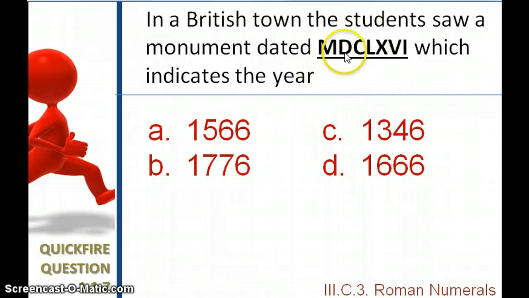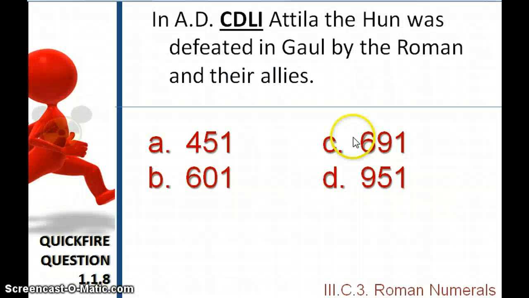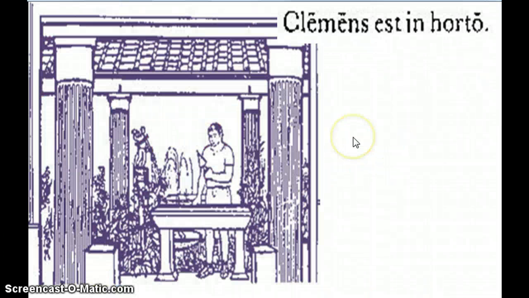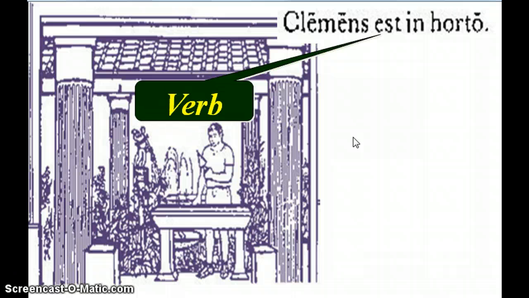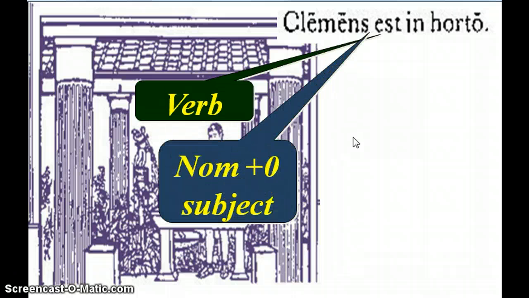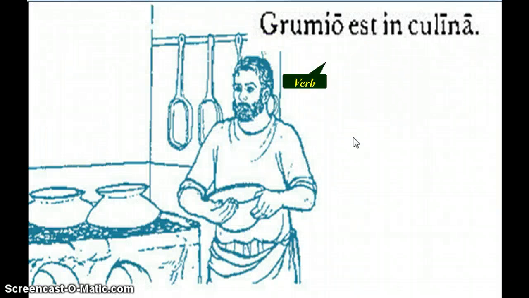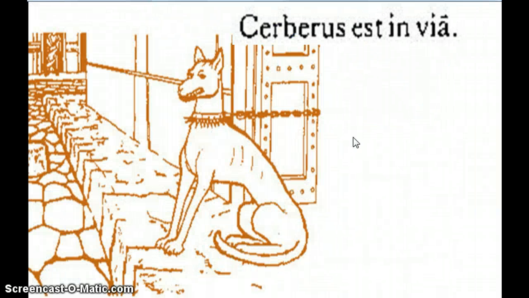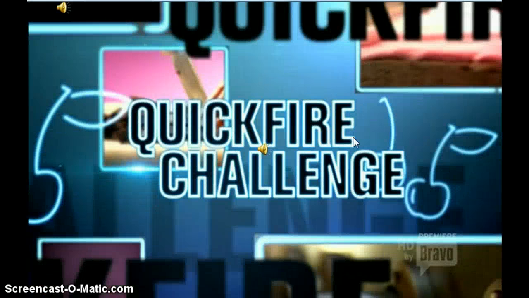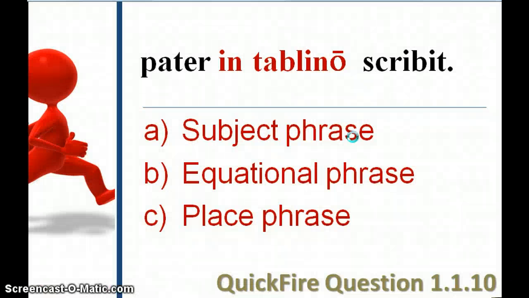So it's MDCLXVI: M 1000, D 500, C 100, L 50, V and X. 1665 plus 1, 1666. There it is. Roman numerals. We've seen them throughout. So here we are. Straightforward. All right? Piece of cake. I think we're good with this.